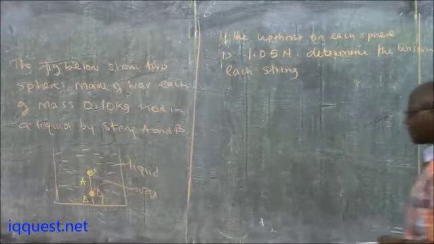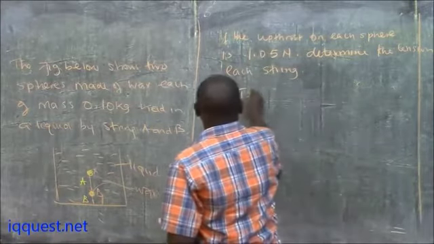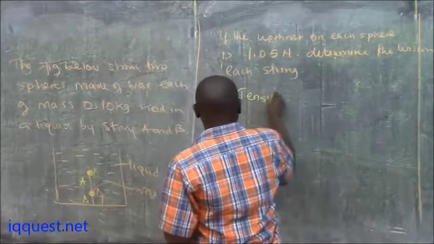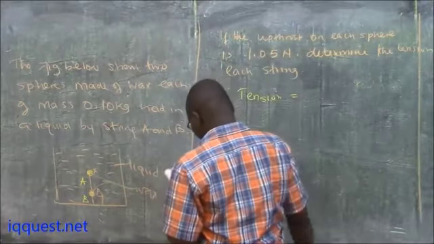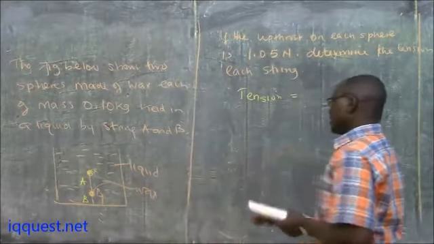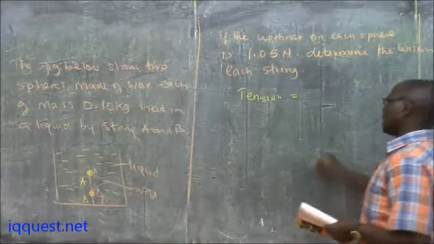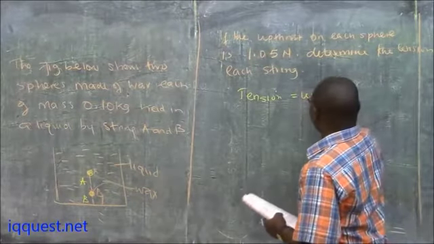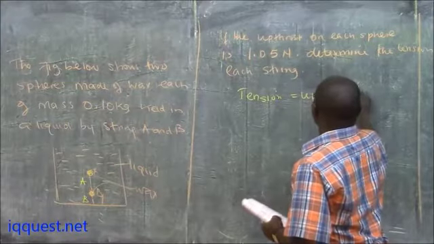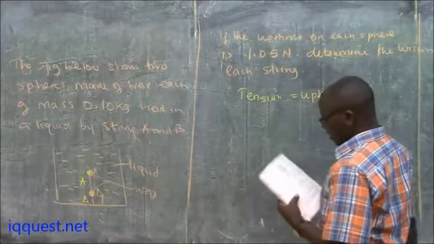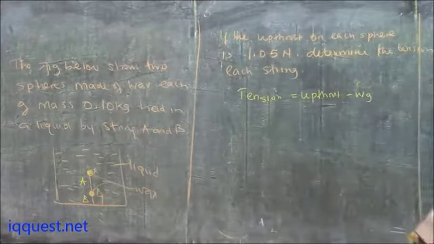So we can write here tension. Let's start with A. Tension in A is given by the upthrust minus the weight of that sphere.